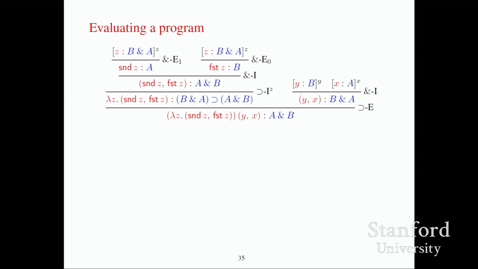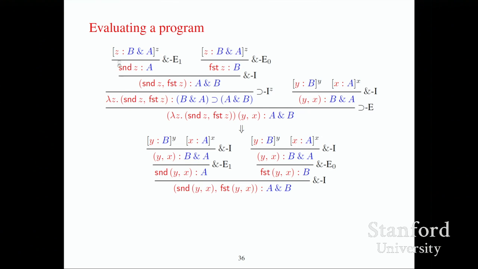You evaluate this using what's called the beta rule, which says you just take your actual argument and you substitute it for your formal argument. So we've done that here, and where I wrote z, I've got my (y, x) pair, and I've copied the whole proof that that pair is well typed. So now we have a proof that after we've done what's called a beta reduction, the result is still well typed. So now instead of second of z, first of z, I've got second of (y, x) and first of (y, x).